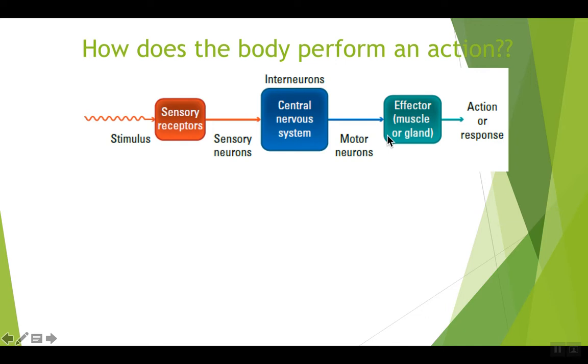And that motor neuron connects to something that can do something, which we call an effector. So it might tell a muscle to move, it might tell a gland to release something, but it causes an action or a response. Okay, so we call this the stimulus response model, because you start with a stimulus, you end with a response. And it goes sensory, then inter, then motor neuron.